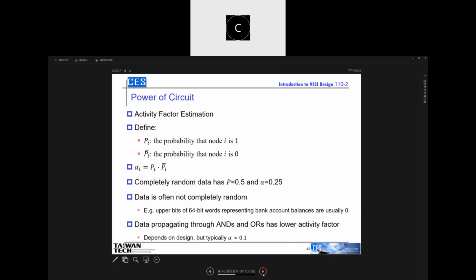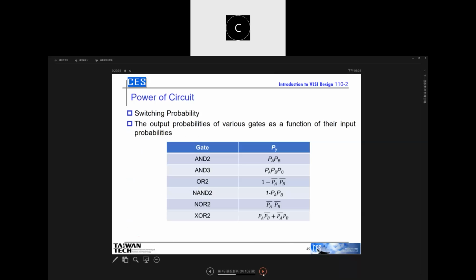Let's give you an example here. We can use this probability to study what we call the switching probability. The switching probability means the output probabilities of various gates as a function of their input probability.